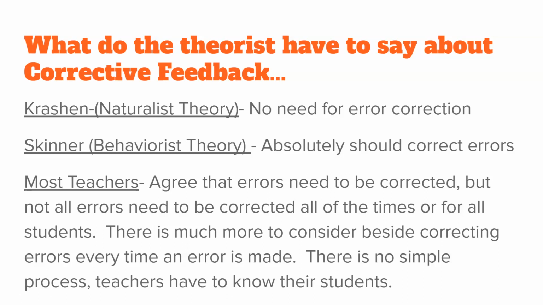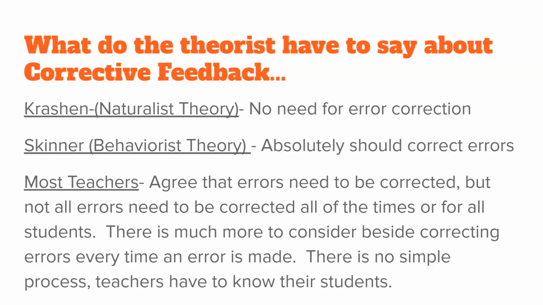Most teachers come to the agreement that errors do need to be corrected, but there's no best way. There's no 1, 2, 3 step process to do this. Okay? Errors need to be corrected, but not all errors need to be corrected, not all the time, and not for all students. It takes a lot of discernment to decide which errors to correct, and there's a lot of things to consider.